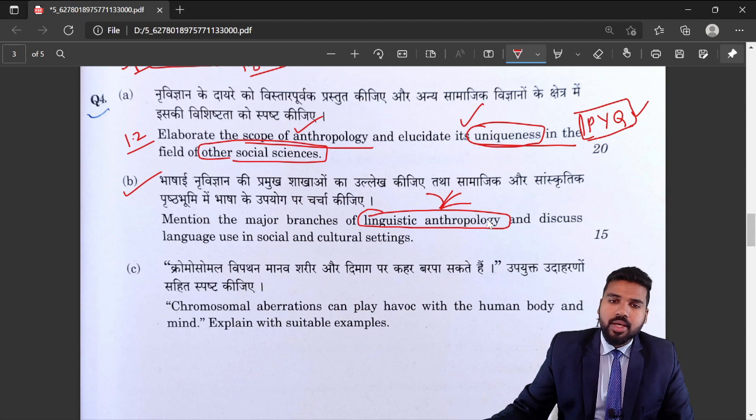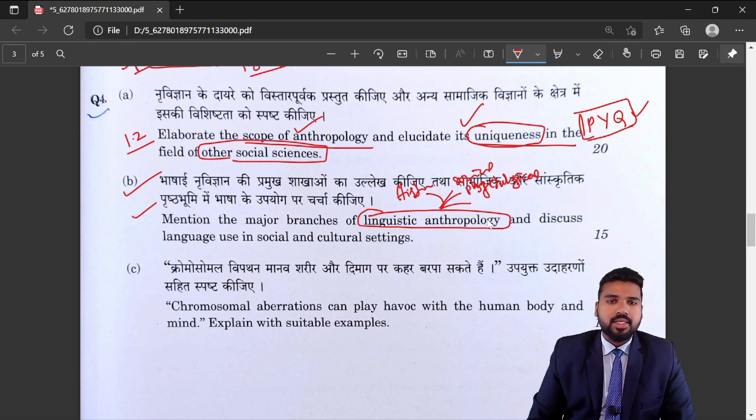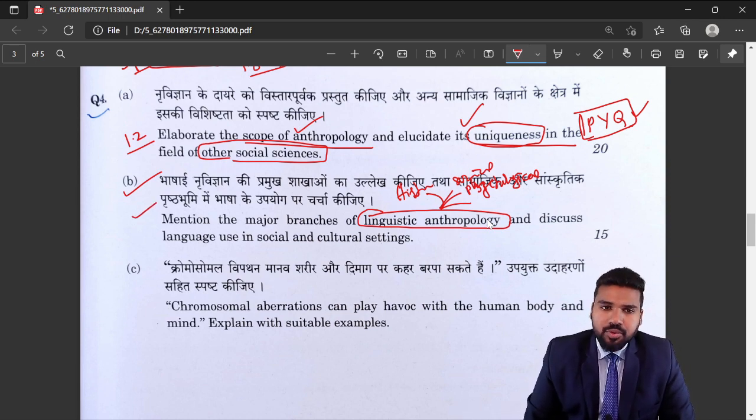You can talk about historical linguistics, or it can be social linguistics, or psychological linguistics. There are such different branches, and you have to discuss them here. That too, you have to discuss language use in social and cultural settings.